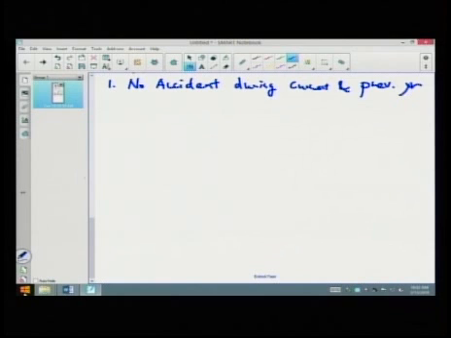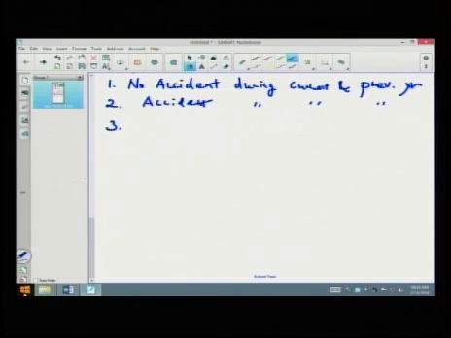Okay? And then, let's say, state number 2 is accident during both current and previous year.